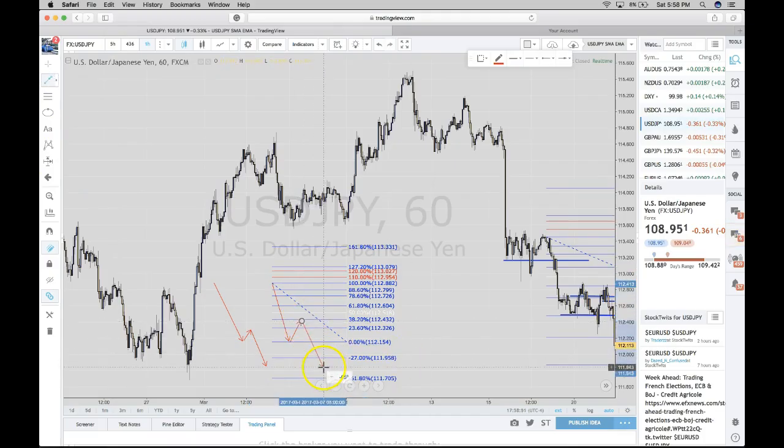At 38.2, you're looking for a very aggressive push. Remember, at 23.6 you're always looking for a continuation, where you could actually find consolidation at 23.6. 38.2 is the actual price reversal zone. Okay?